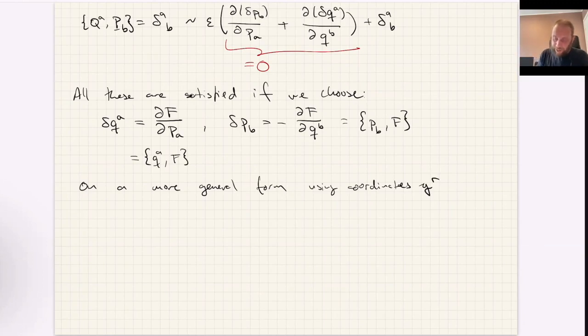But I can still write them in the same way. You saw that delta QA was QA, the Poisson bracket with F, and delta PB was PB Poisson bracket with F. So I can write everything as delta yr being equal to the Poisson bracket between yr and some function f. Right?